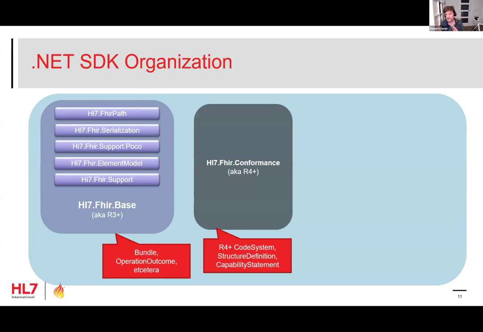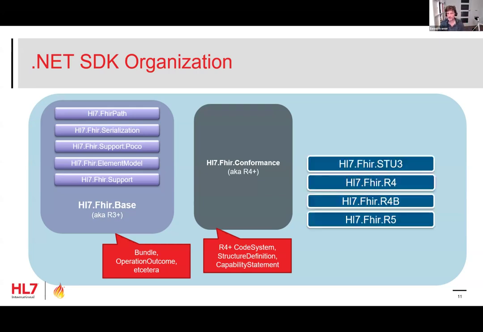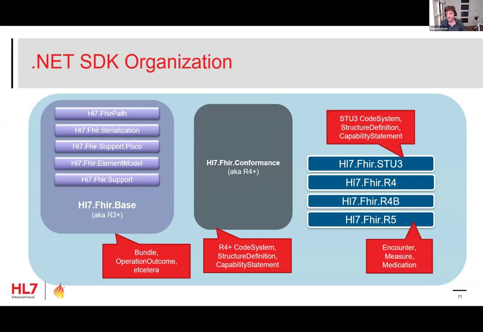All these classes, although some of them are normative, we don't have them in libraries that are shared across versions yet. And so there is HL7 FHIR STU3, R4, R4B, and R5, as I promised on the last slide. These contain encounter, measure, medication, observation, patient, and all these other resources that are different per version.